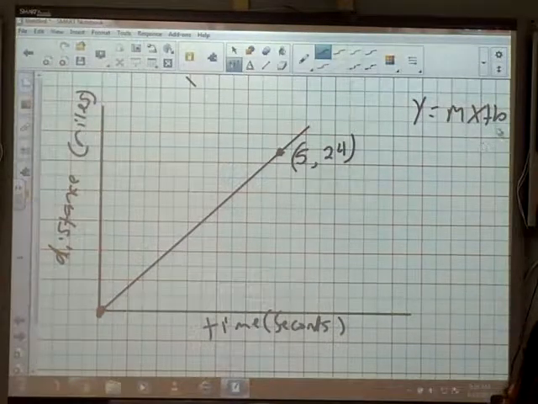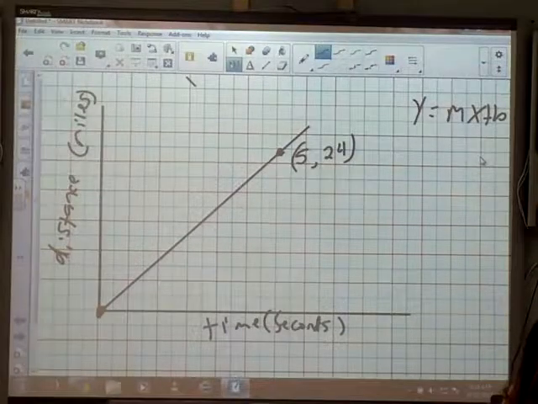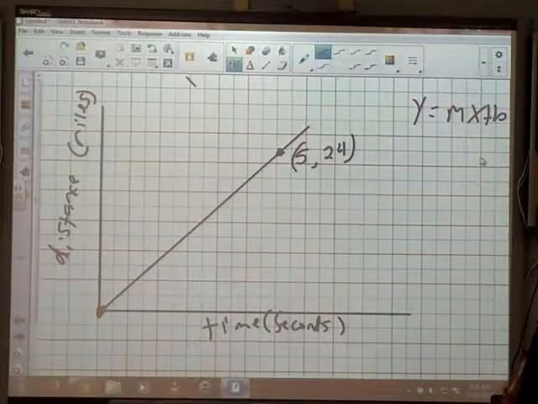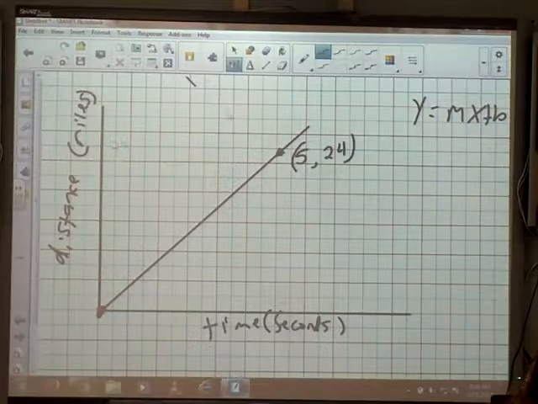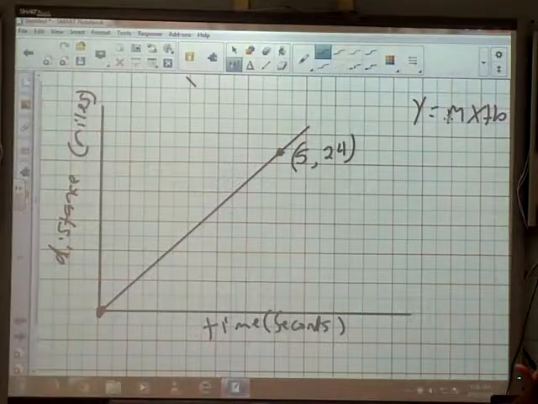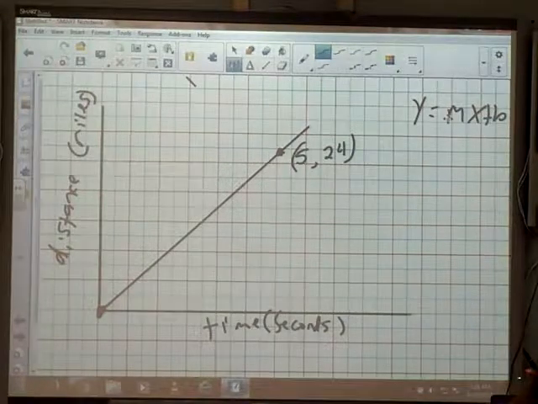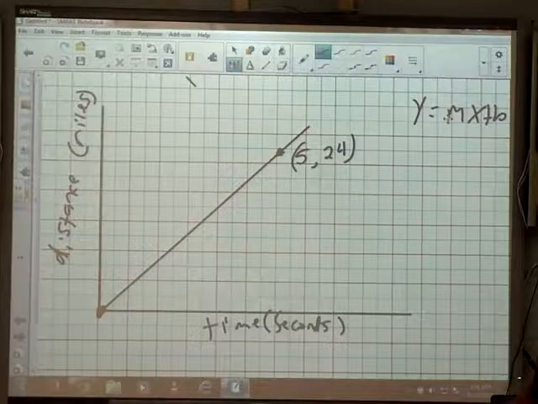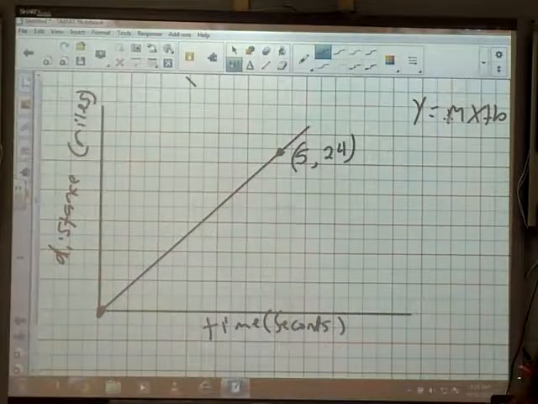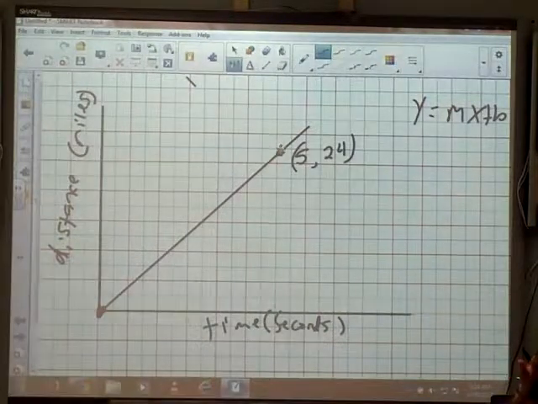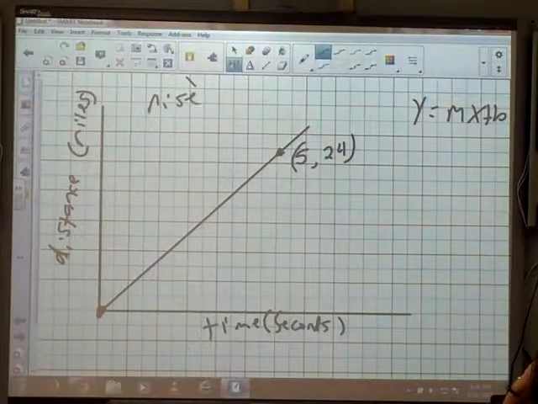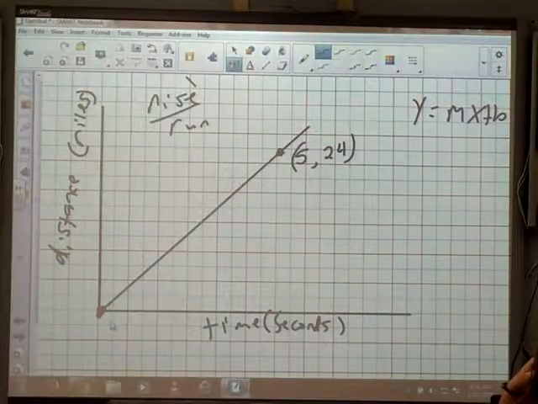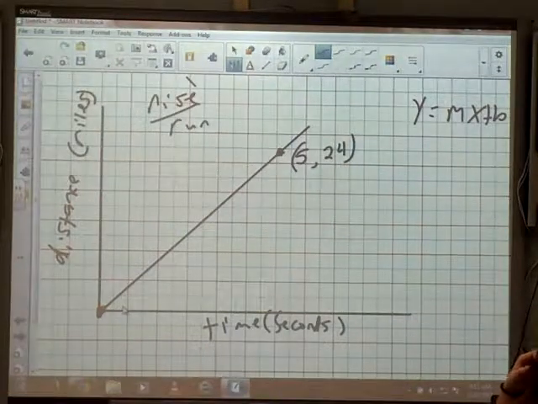Now I have to find the slope, the m. There's a formula you can use to find slope, but the shortcut I'm going to use here is that slope is rise over run. To get from the origin up to this point, how much would I have to go up? 24.